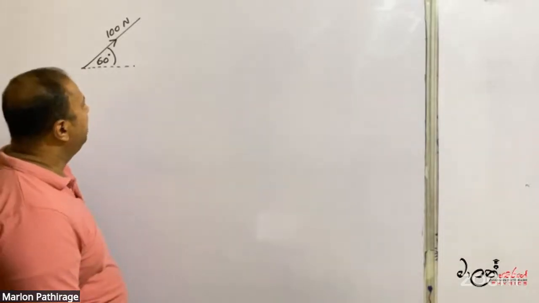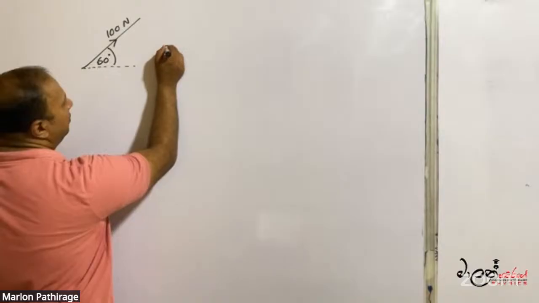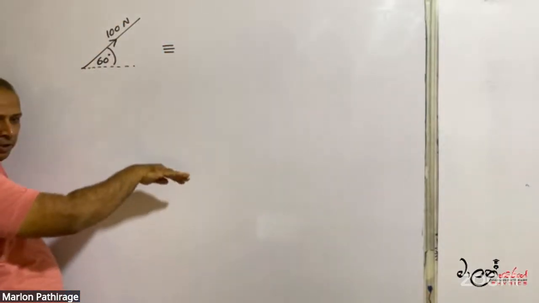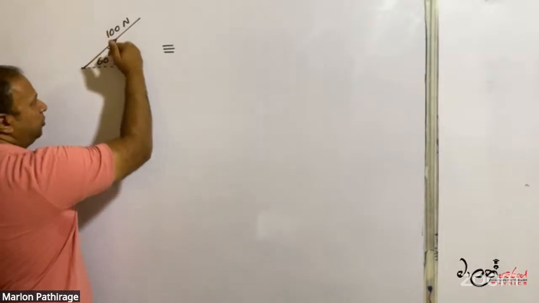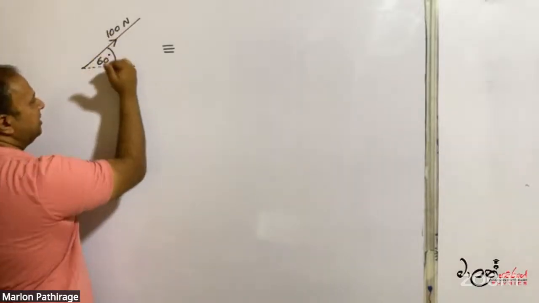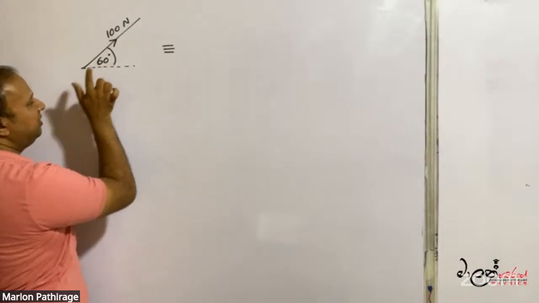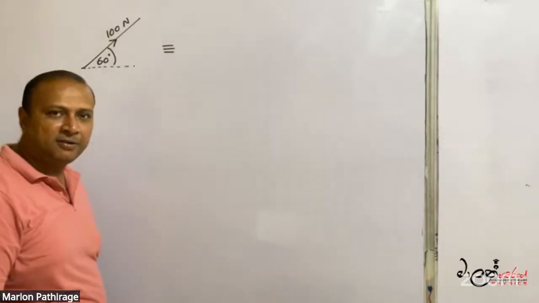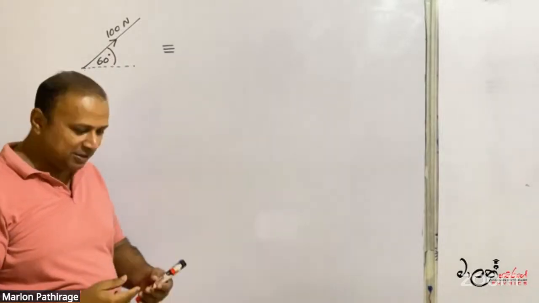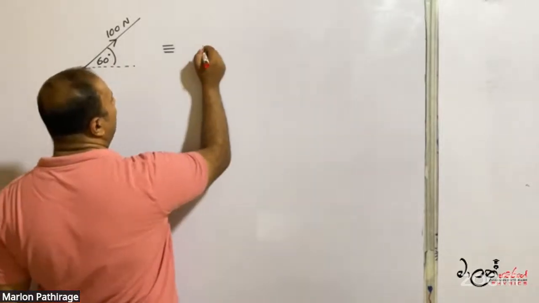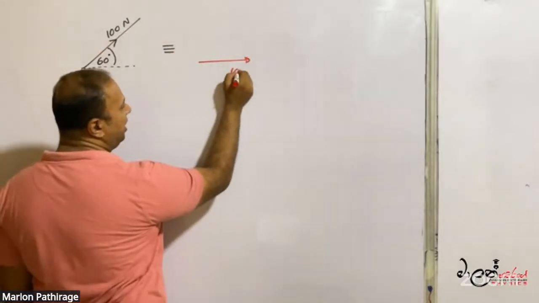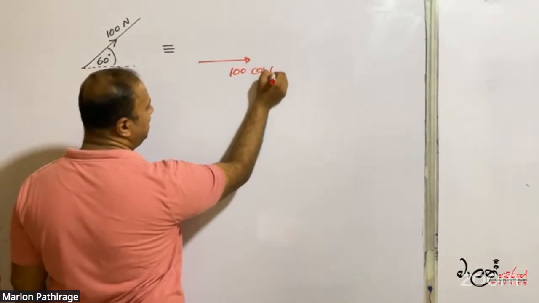Horizontal and vertical direction. The horizontal component means it is the adjacent side with this angle. So adjacent side is equal to cos. Therefore, the horizontal component should be 100 cos 60.